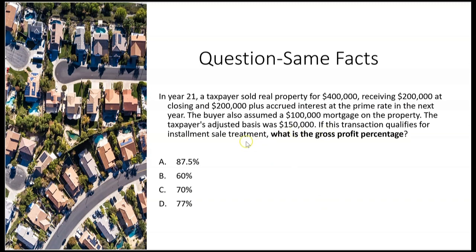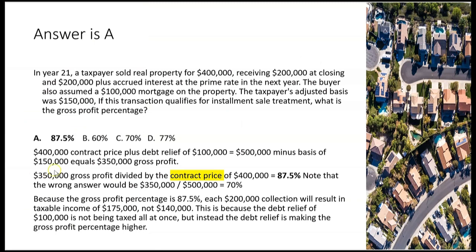If this qualifies for installment sale treatment, what is the gross profit percentage? And the first step we did already, calculate that gross profit. We took the contract price of $400,000. We added the debt relief of $100,000. We got the total amount realized, $500,000. We subtracted the basis of $150,000. So we got $350,000 for our total gross profit.